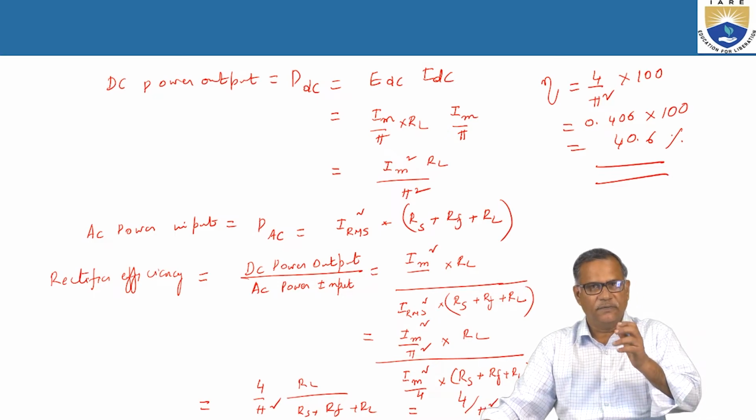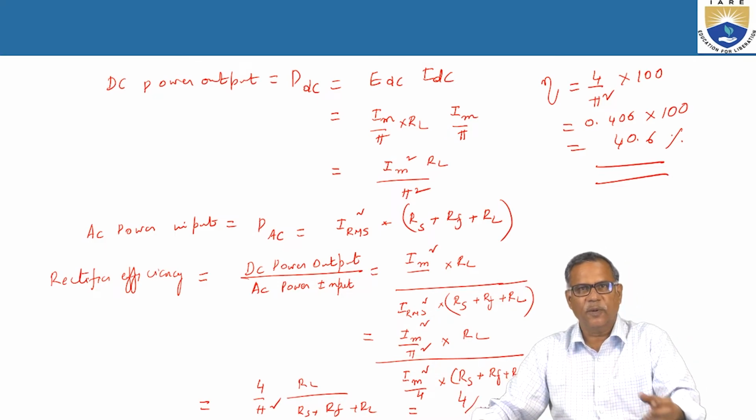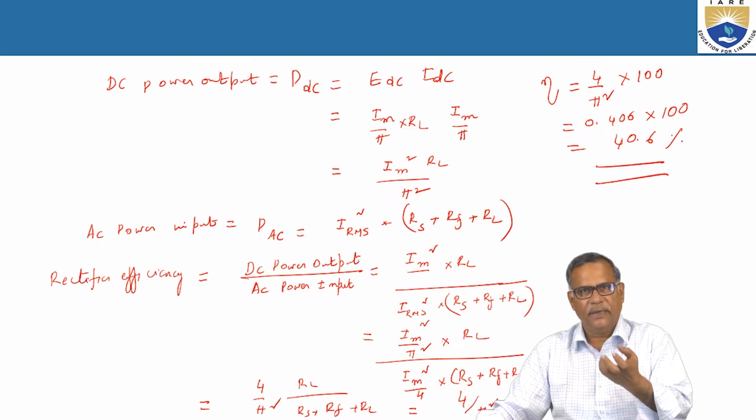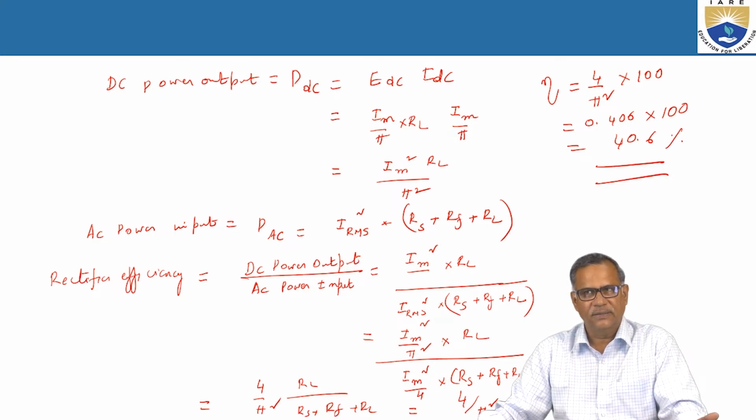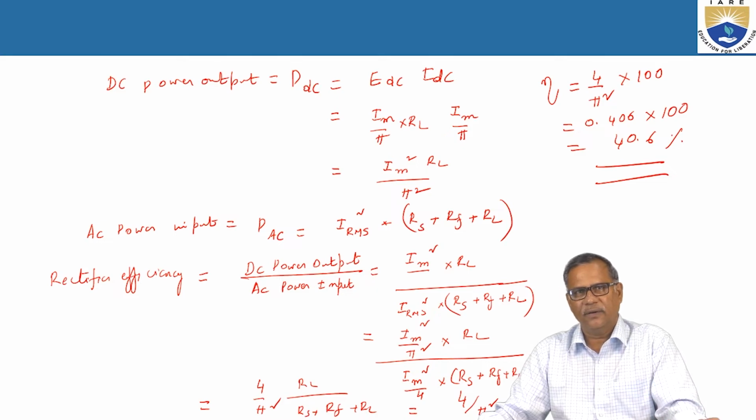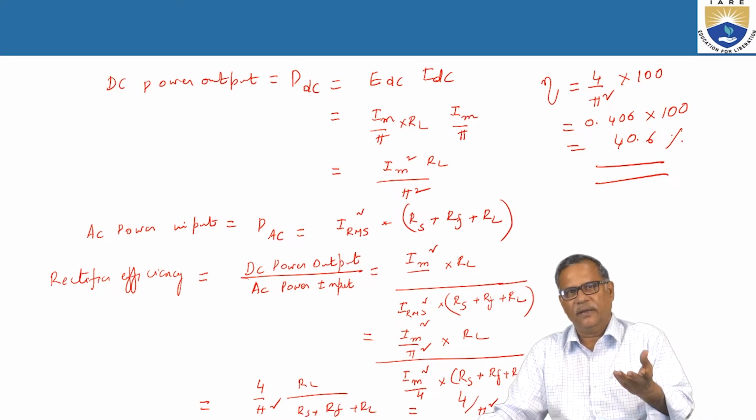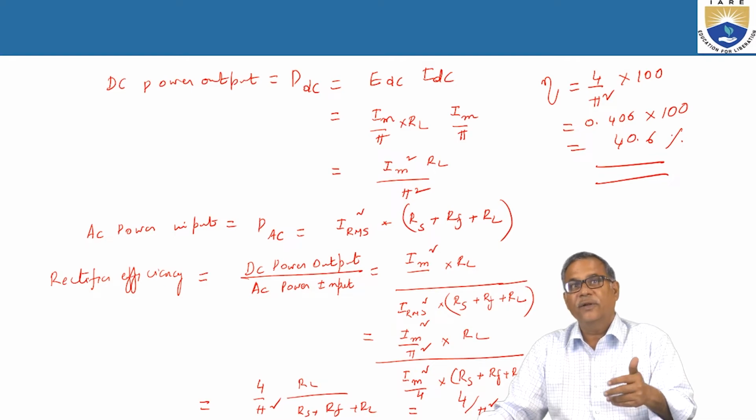So that means, suppose if I am giving 100 watts input power, output power I am getting only 40.6. So what is happening to the remaining power? It is going to appear across the diode and the transformer when the diode is not conducting.